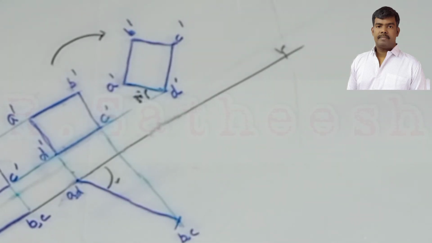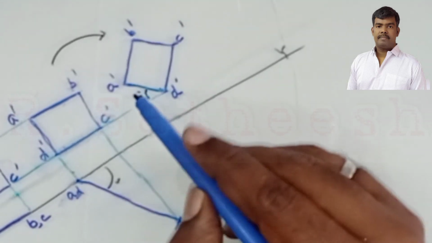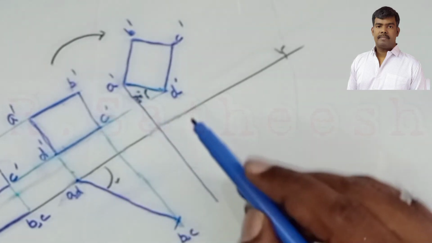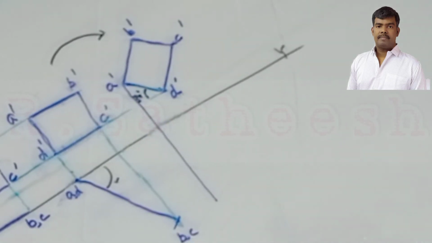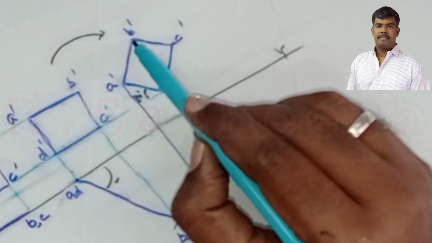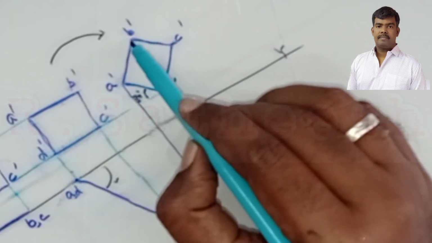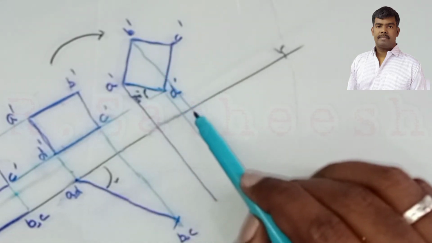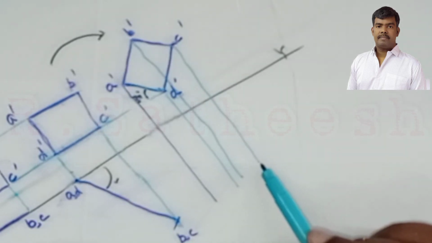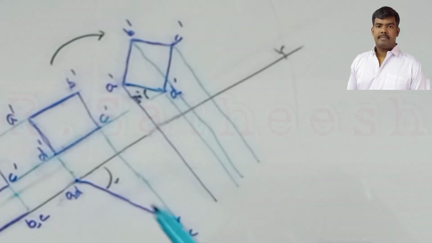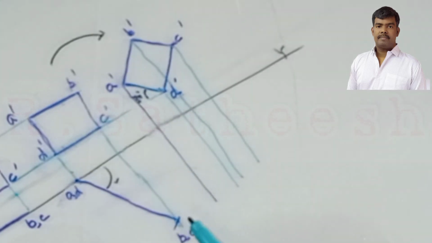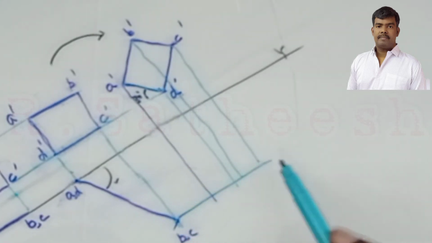After that, draw the projection lines from A dash, D dash, B dash and C dash. Clear? Similarly here, the A comma D projection lies completely on XY, and this is the B comma C projection.